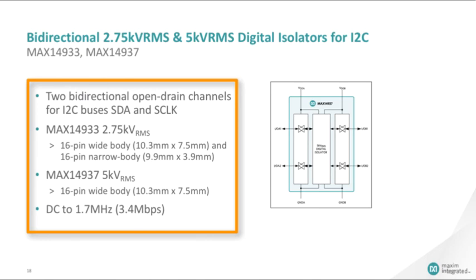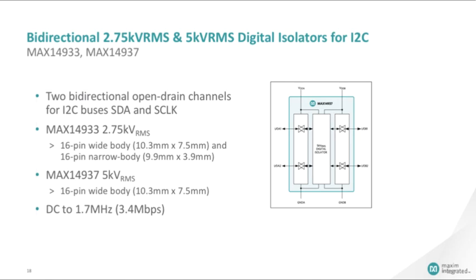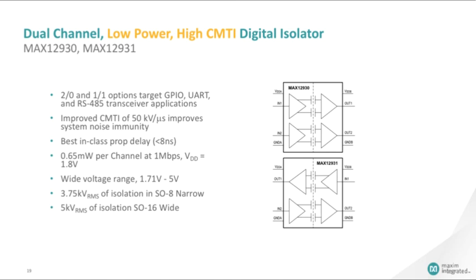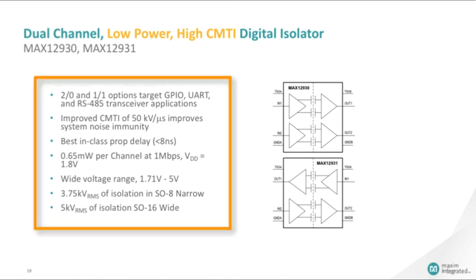The MAX14937 has 5 kilovolts RMS isolation voltage and is in a 16-pin wide body package. Both devices support I2C bus speeds from DC to 1.7 MHz. These devices are another example of Maxim's second-generation technology, featuring improved CMTI and lower power consumption.